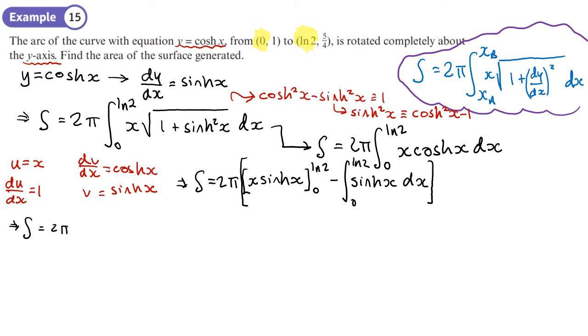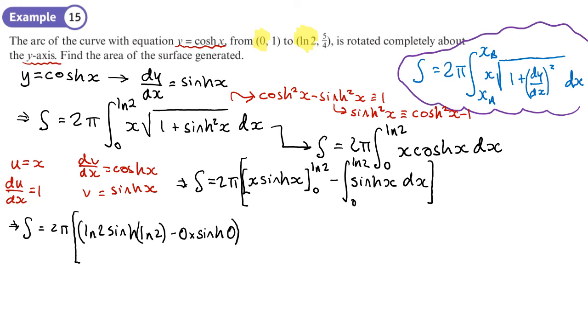So what are we going to have? Well, I'll do the substitution for the first part. So log 2 sinh log 2 minus 0 times by sinh 0. So I didn't really need that part because that's going to end up as 0 anyway.